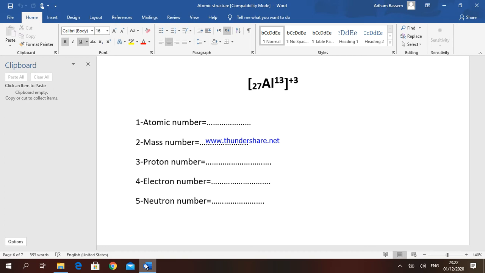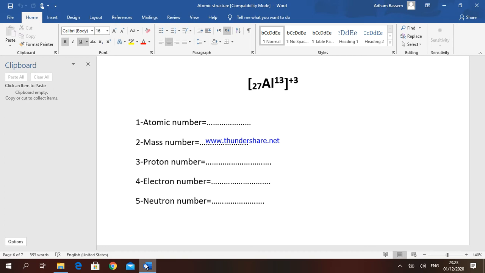Positive ions are atoms of metal which lose one or more electrons during a chemical reaction. So the number of positive protons becomes more than the number of negative electrons after the atom loses electrons.